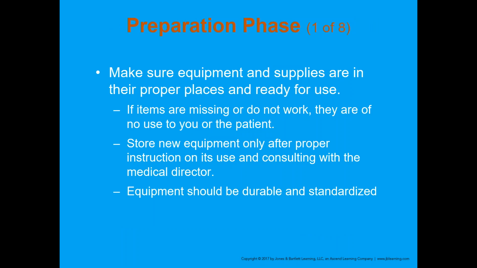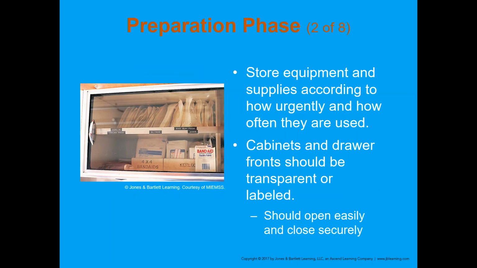Again, preparation phase, we need to make sure when we start in the morning that everything looks good. Everything is ready to go. Equipment works. It's in date. It's in stock. We have enough of it. Nothing's broken. Most of the time, especially if you've seen any of our boxes, you know everything is placed in a specific compartment or a specific way according to how often we use that stuff.